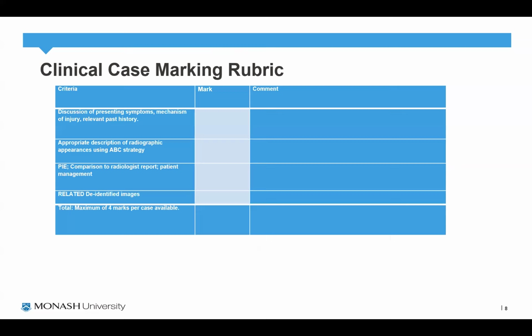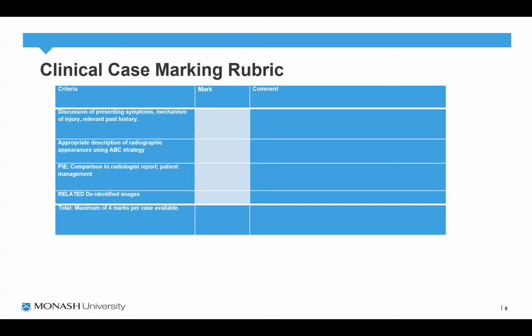This is the marking rubric then for each case. So I'm looking for, do you have any of the presenting symptoms? You can apply the ABC search strategy to your radiographic appearances. You don't have to address each of the ABC. So if there is an abnormality that only includes, say, the bone and not the joint, then you just focus on the bone, and alignment would probably also be one that you will be focusing on.